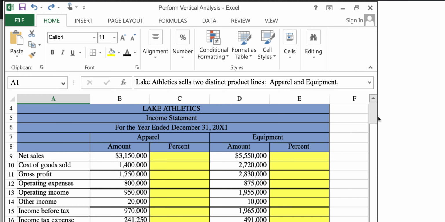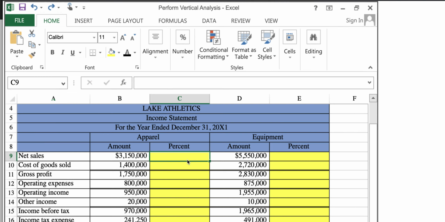This one is really quite simple. Where the income statement is concerned, we use net sales as our base. So very simply, every single answer on this sheet is going to be whatever the number is divided by B9, which is where our net sales are.